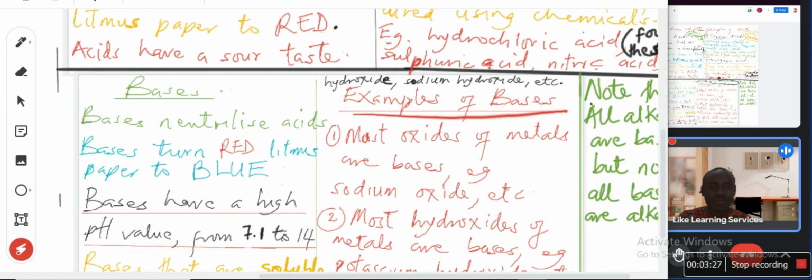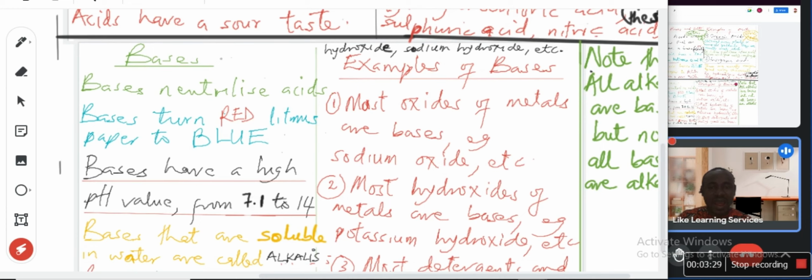Now, examples of bases. Read what I'm circling here.